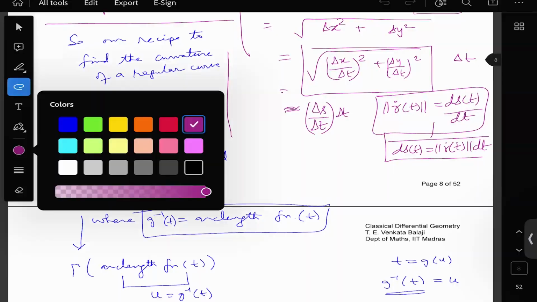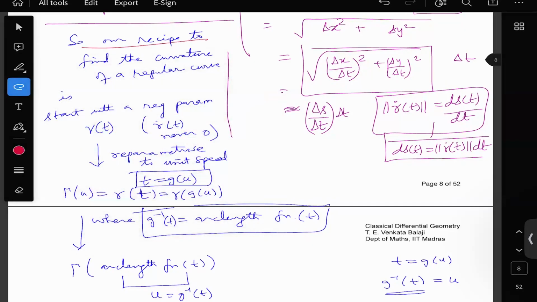So the recipe to find the curvature of a curve is that you start with a curve with a regular parameterization gamma of t, and regular means that gamma dot t never vanishes. Then you reparameterize it to unit speed. That means you have to change the variable from t to u.